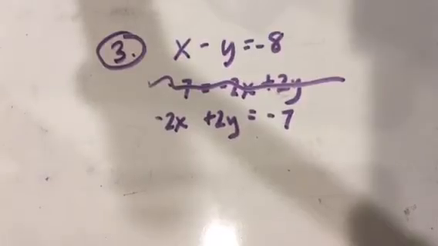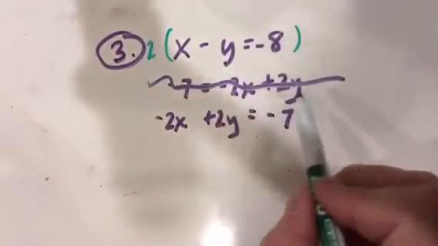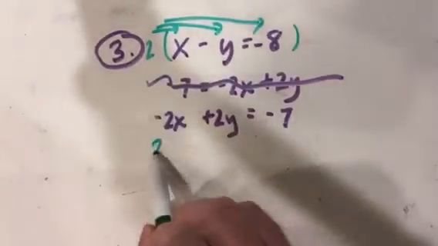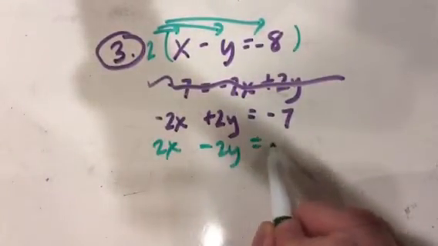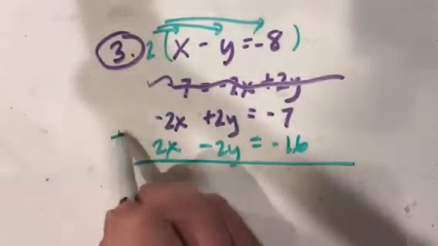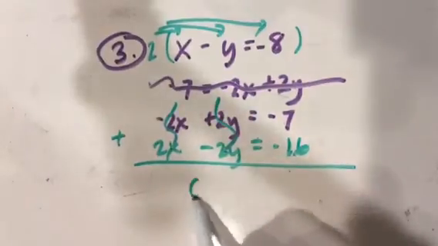We actually are in a good spot to do elimination. Let's multiply by 2 up here all the way through, and we'll get 2x minus 2y equals negative 16. Now we can add those equations together, and x's are gone, y's are gone, nothing left.